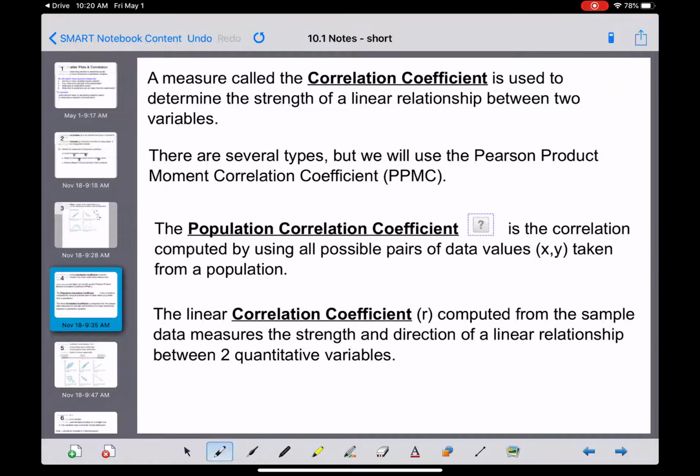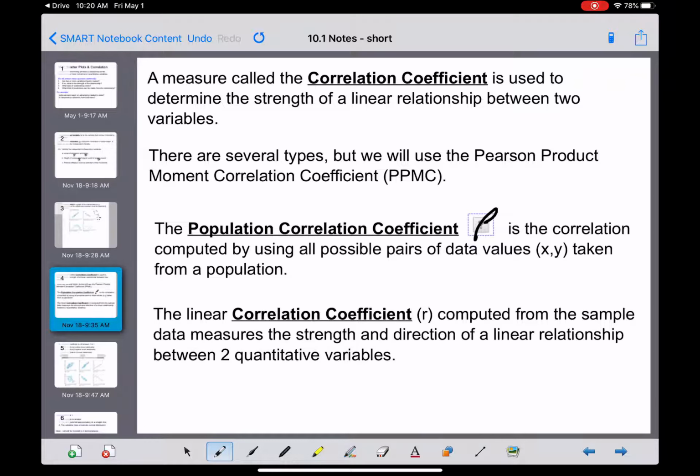Okay, so the measure is called the correlation coefficient. It's used to determine the strength of all linear relationships. There are several types, but we use the Pearson product moment correlation coefficient. The population one is rho. It looks like this P thing, but it's the Greek letter rho.